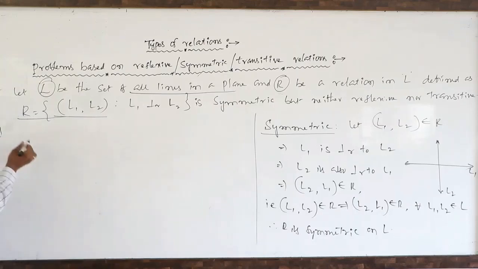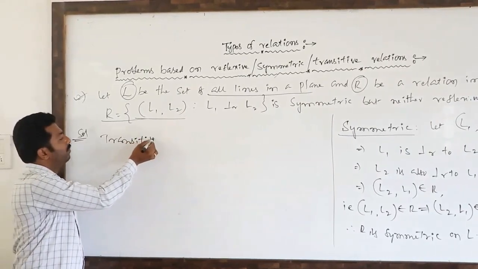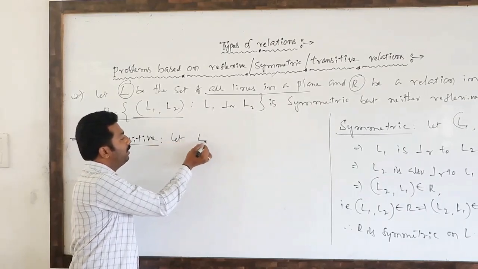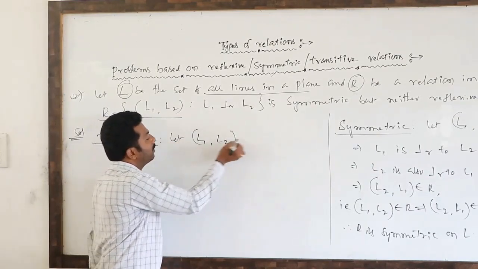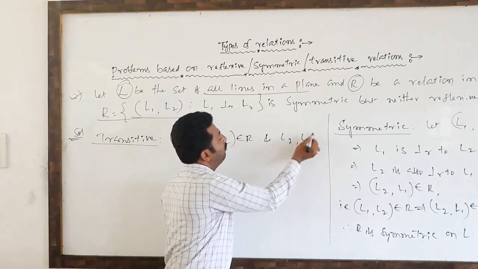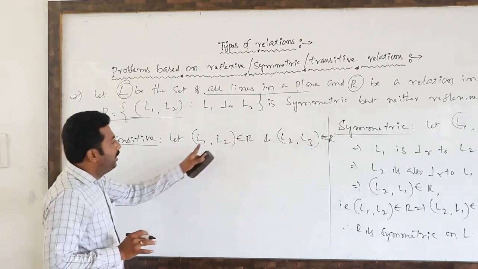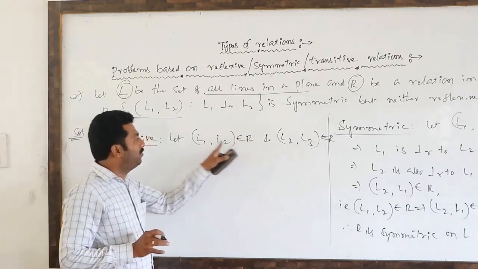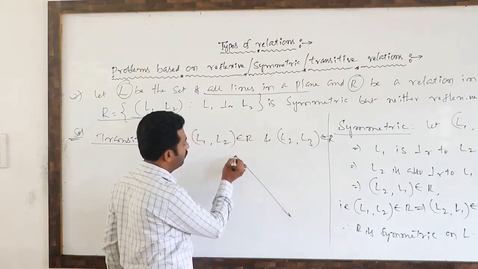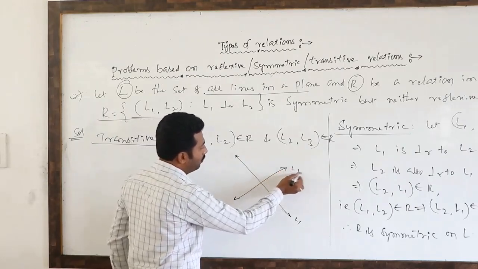See here, whether capital R is transitive or not. In transitive, what is our procedure? Two pairs we have to consider: L1 comma L2 belongs to capital R and L2 comma L3 also belongs to capital R. Simple logic. L1 comma L2 belongs to capital R means L1 is perpendicular to L2. For example, this is L1, this is L2. L2 is perpendicular to L3, this is L3.